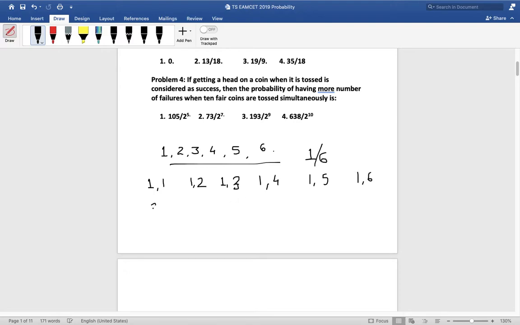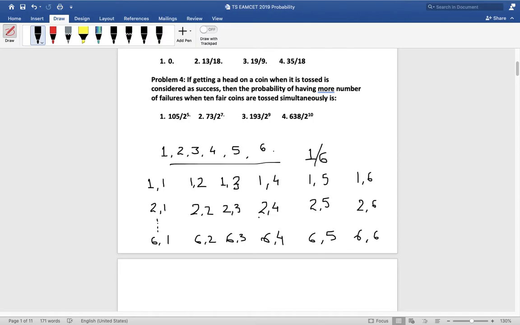Then you can also get 2 1, 2 2, 2 3, 2 4, 2 5, 2 6. Similarly 3 1, 4 1, 5 1, then you have 6 1, 6 2, 6 3, 6 4, 6 5, 6 6.